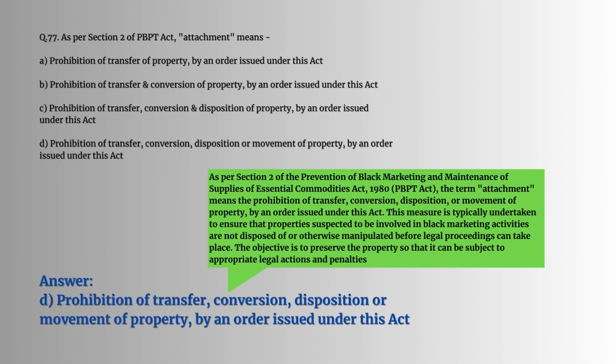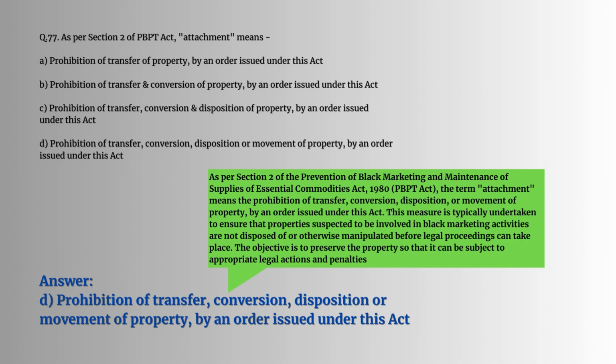Question number 77. As per section 2 of PBPT Act, attachment means, so let's see what section 2 of the PBPT Act means. As per section 2 of the Prohibition of Benami Property Transactions Act, the term attachment means the prohibition of transfer, conversion, disposition, or movement of property by an order issued under this act.